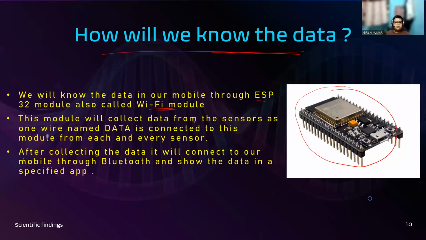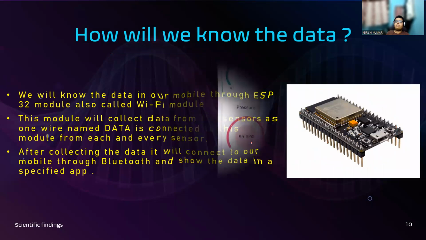This module collects data from the sensors, as one wire named data is connected from each and every sensor to it, in the LDR sensor, the DHT11 sensor, and the BMP180 sensor. The Wi-Fi module then connects to our mobile phone, and the data is shown on our mobile phone through a specified app.